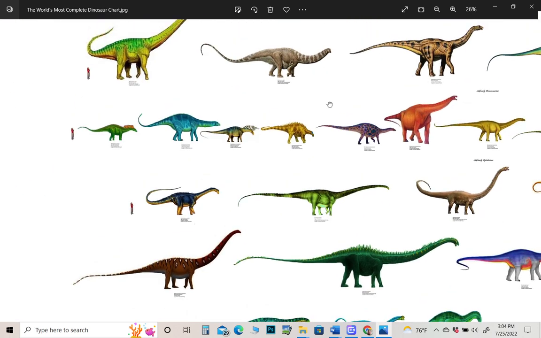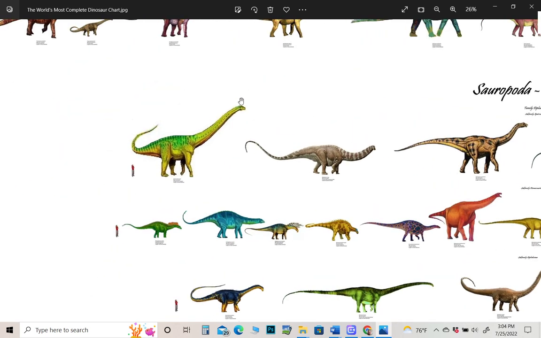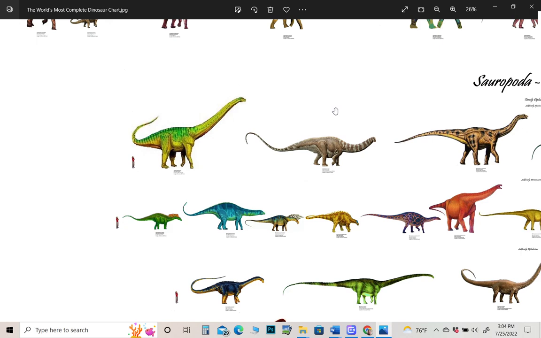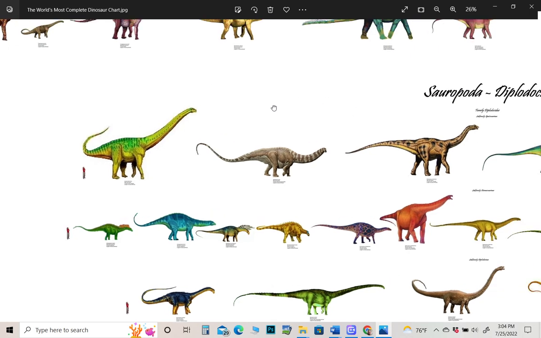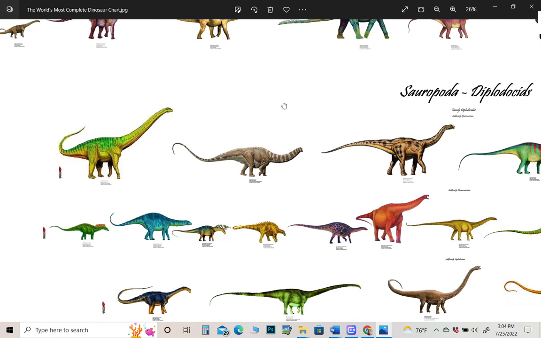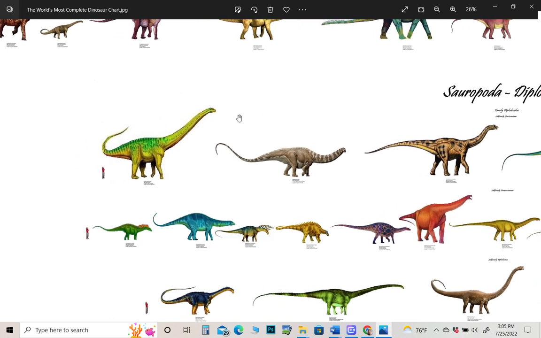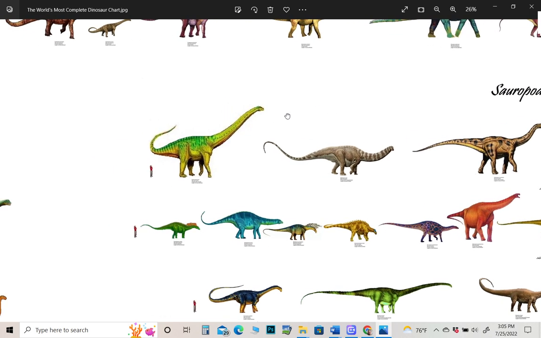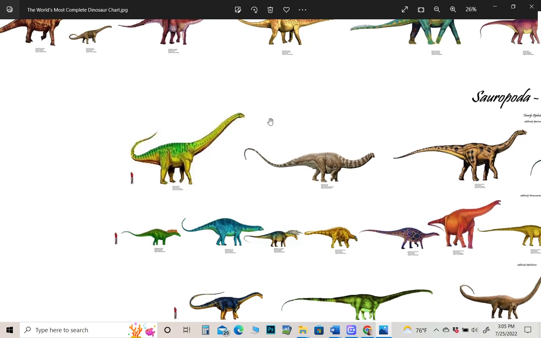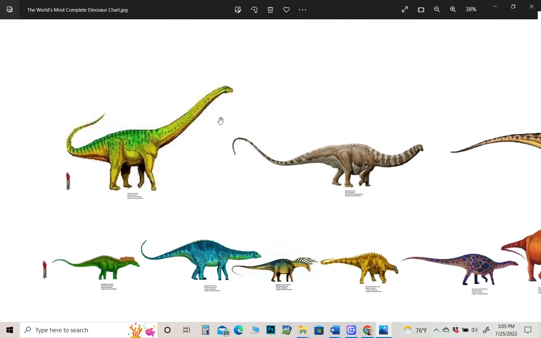Now we're on to the Diplodocids. I've actually split these up into subfamilies. Some of them are thought of as actually families, but remember I kind of lump things together in this chart sometimes. So this is actually Diplodocoidea in a proper phylogenetic listing, but I've split them into a single family with subfamilies.